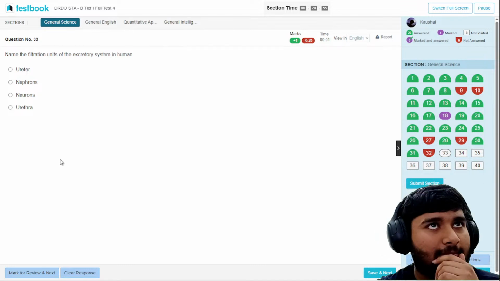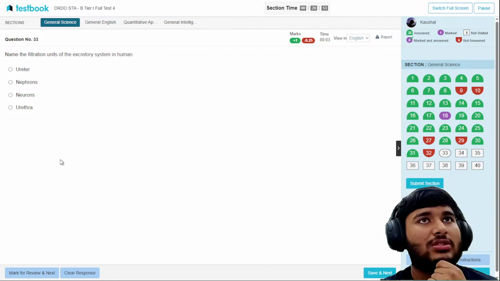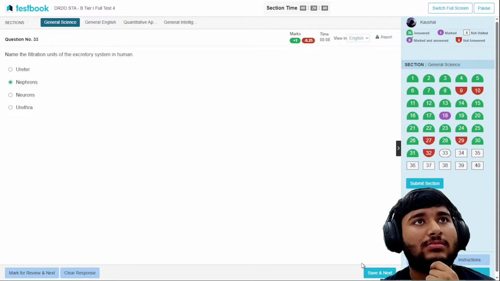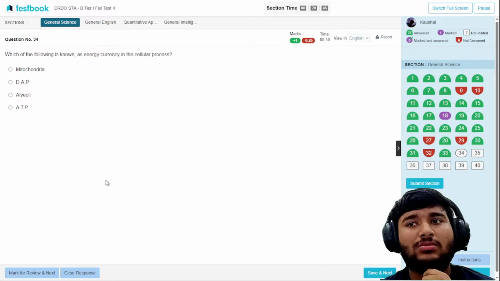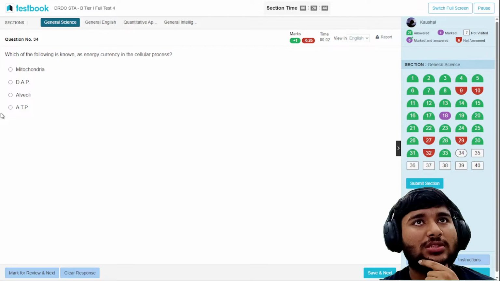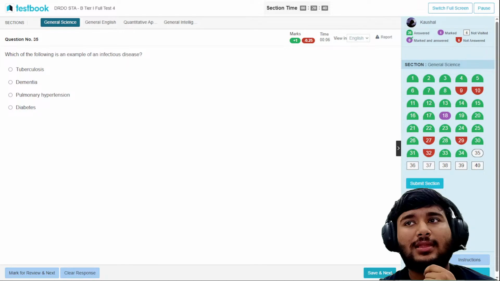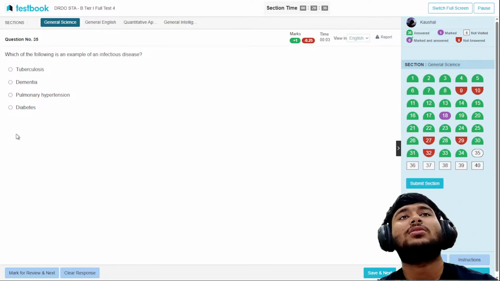Name the filtration unit of excretory system in humans. Which of the following is known as an energy currency in cellular process? एक ही जैसे क्वेश्चन आते हैं इसमें. Which of the following is an example of an infectious disease?